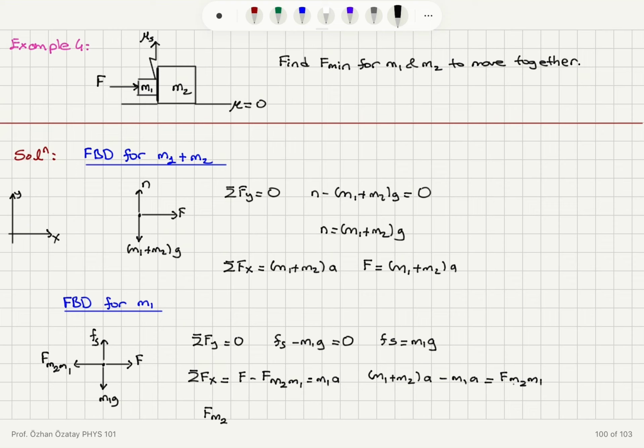Okay, so we can write basically for acceleration: you can see here acceleration is greater than or equal to m1g divided by μs times m2.